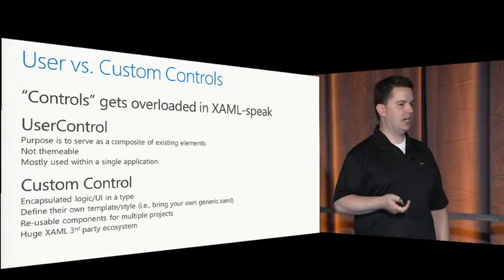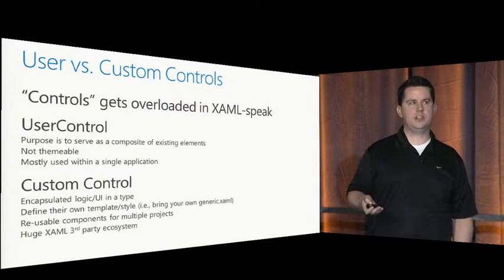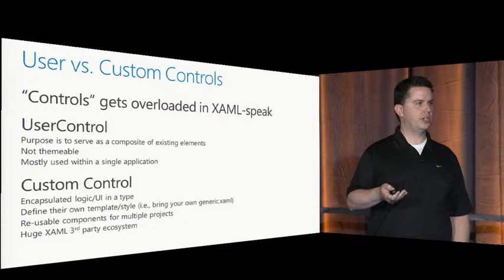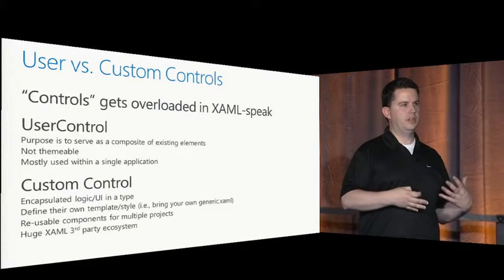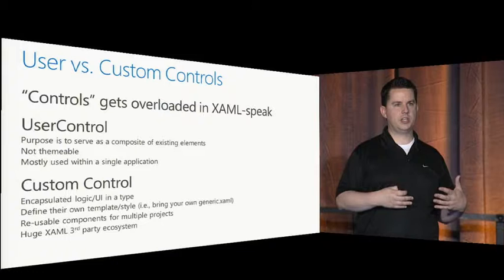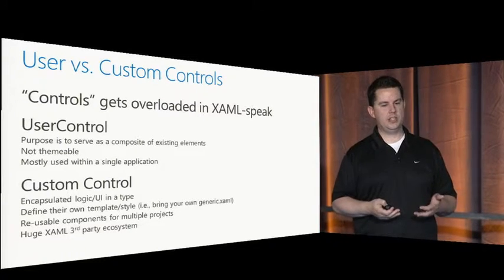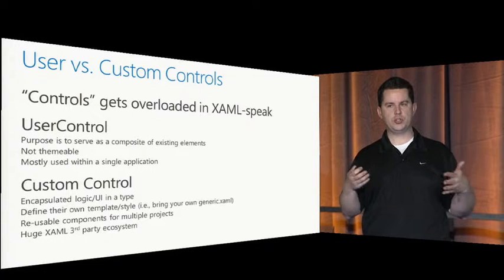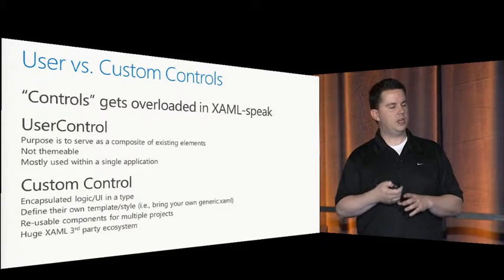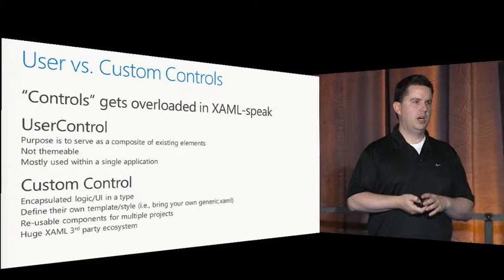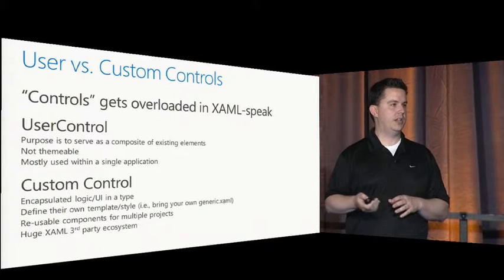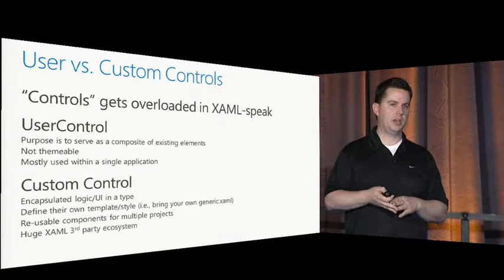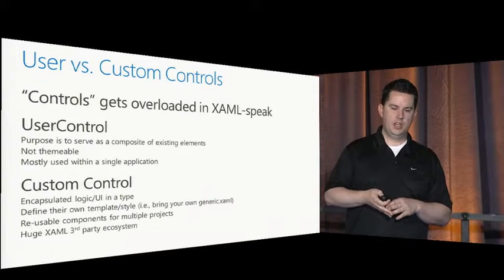And user control is meant to serve as a composite of existing elements. Primarily, you see user controls as encapsulation of certain UI aspects, composite controls in a single application, right? These are controls that are not themable. So you remember I showed that example of control template and styling. That's something that you can't do with user controls. And they're also usually not redistributable, right? They're applied to a specific project.